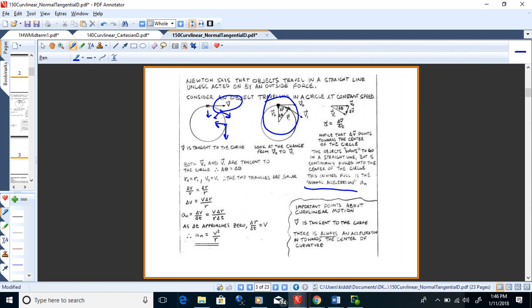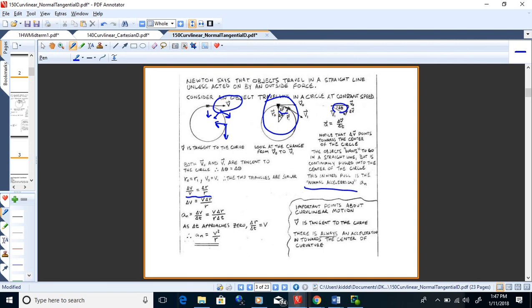That triangle with the delta r going from one endpoint of the radius to the other is similar to the velocity vector triangle with two velocities of the same magnitude, the same angle in between, and delta v. So you can set up a relationship based on those two triangles that delta v is to v as delta r is to r.